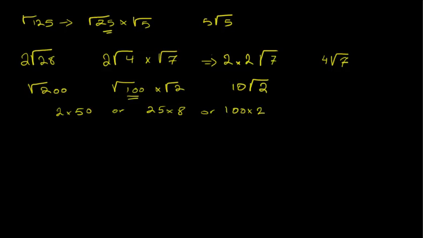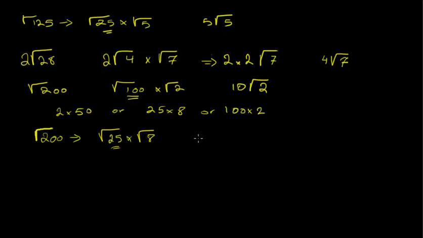But let's say we didn't pick the largest, or 100. What could have happened? Nothing could have happened. Probably you needed to take a further step to get to the result. Let's say for radical 200, we picked radical 25 times radical 8.